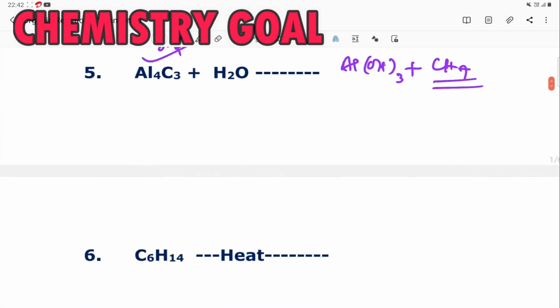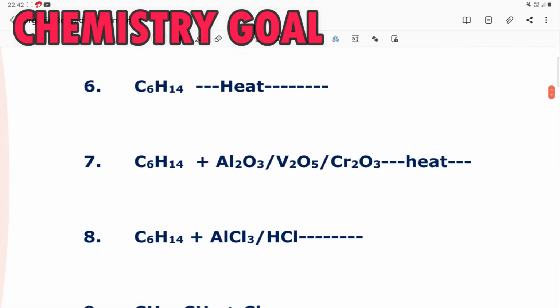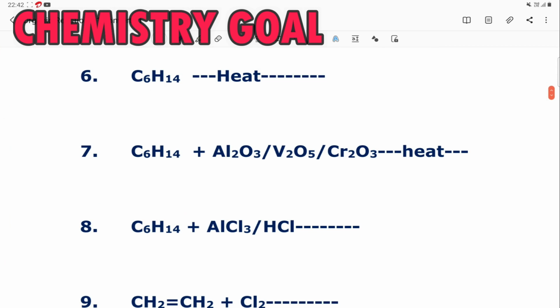Okay, then next question is C6H14, this is called hexane. Hexane when heated will undergo thermal cracking. It gives different products by the decomposition of hexane.